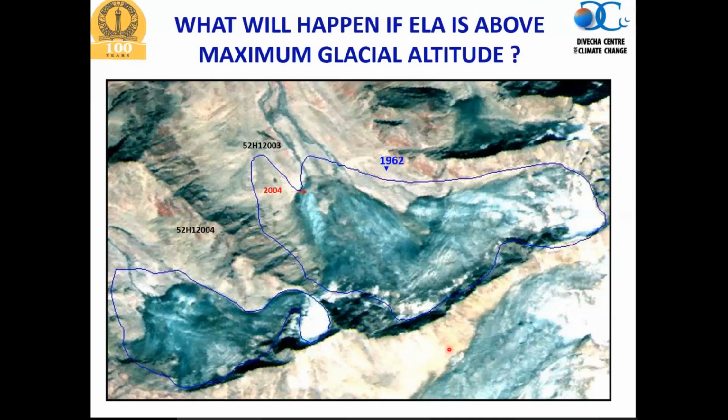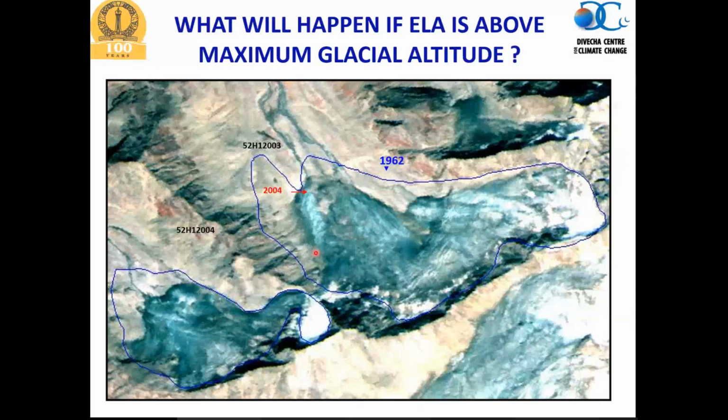There's another issue: what will happen to ELA if ELA is above the maximum glacier altitude? What it means is, you can see in this picture, except this small region, it is mostly cloudy. There is no snow on the glacier.